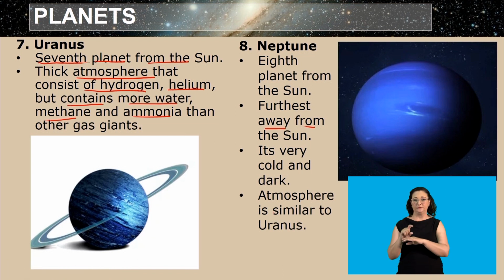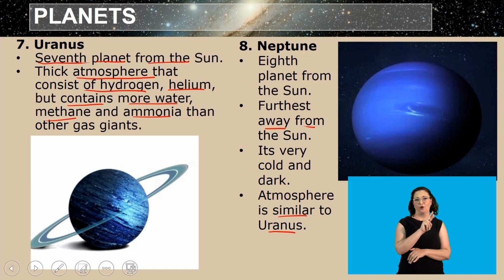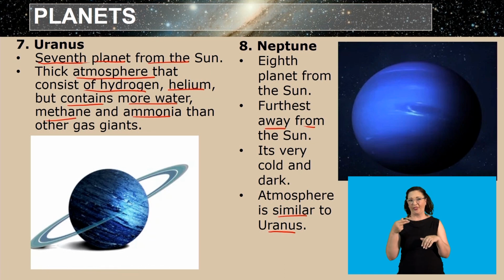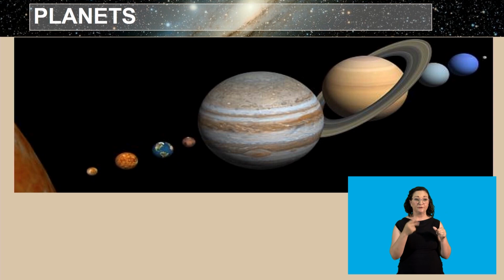And the atmosphere is similar to Uranus. We have already said that it has a thick atmosphere. It consists of hydrogen, helium. It contains more water, methane, and ammonia than other gas giants. It also has the same atmosphere. Now let us look at the picture that I'm showing you here. It shows you how our planets are around our solar system.